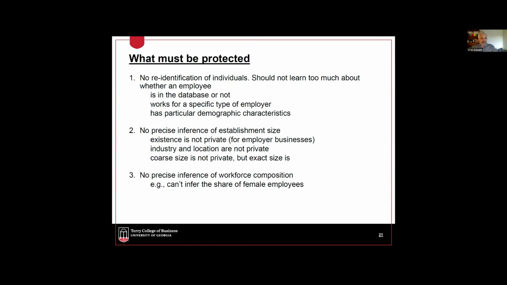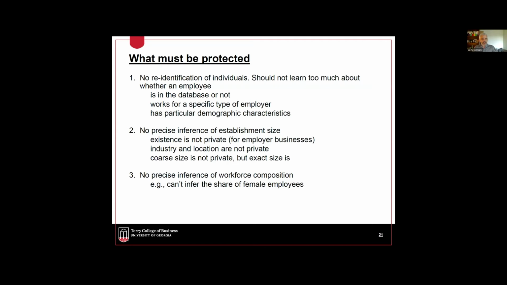However, for employer establishments, the situation is different. The privacy requirement there is that we only need to protect against precise inference of establishment size. So in particular, the fact that an establishment, an employer business, exists is not considered to be private.